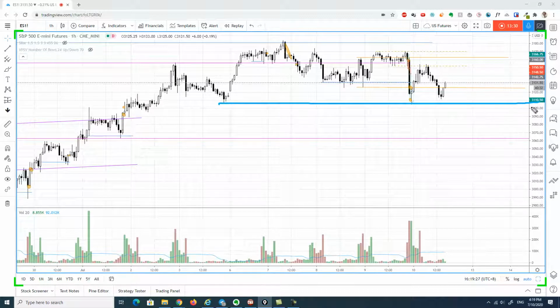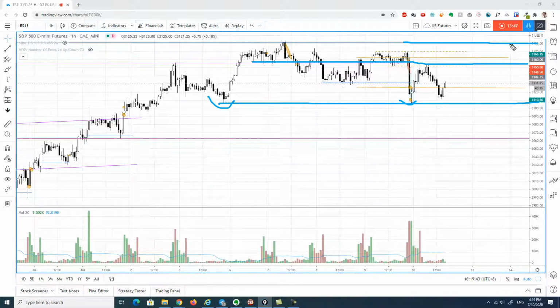So we see that 3105, the swing low here, actually provided some kind of support. And definitely the immediate resistance level is at the axis line here at around 3150, followed by 3180. So these are the resistance, and the immediate support level is definitely 3105, the swing low.